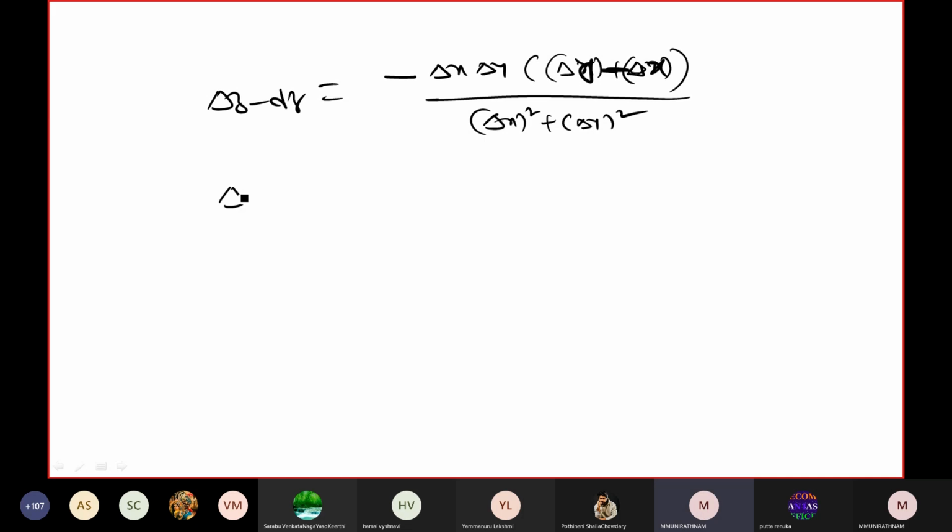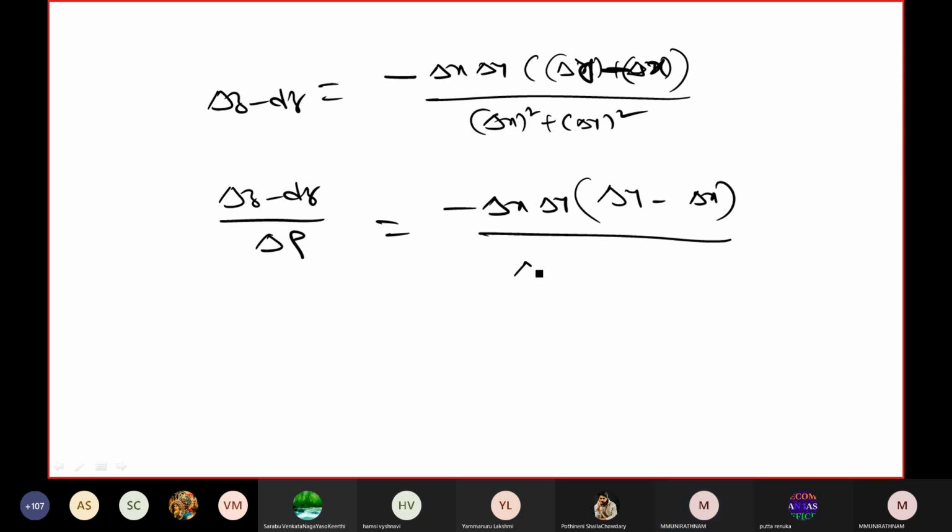Now I go for delta z minus dz by delta rho, which is minus delta x delta y into delta y minus delta x by delta rho into delta x whole square plus delta y whole square. Okay?